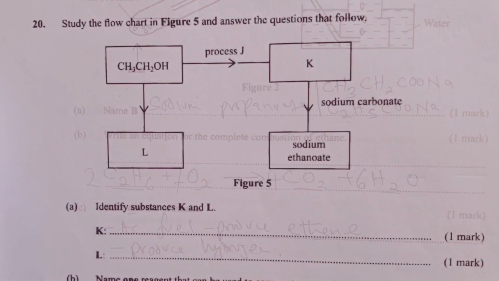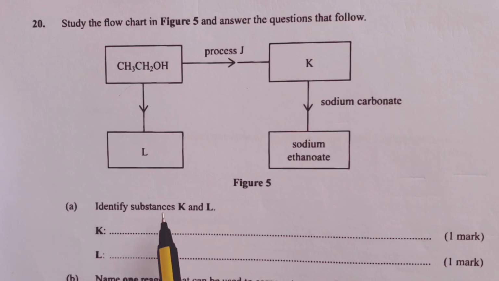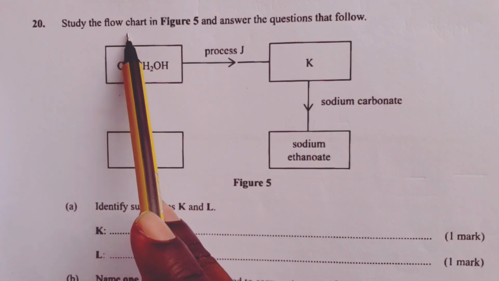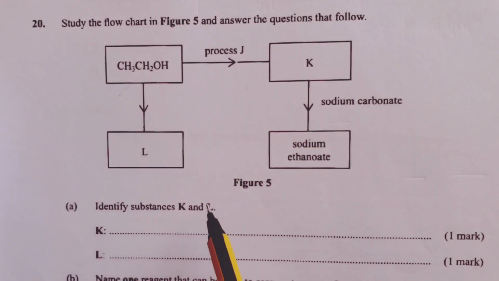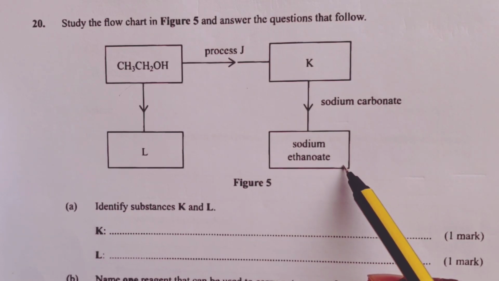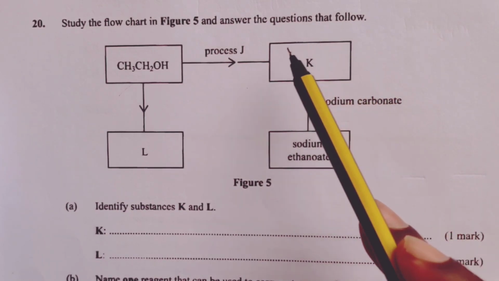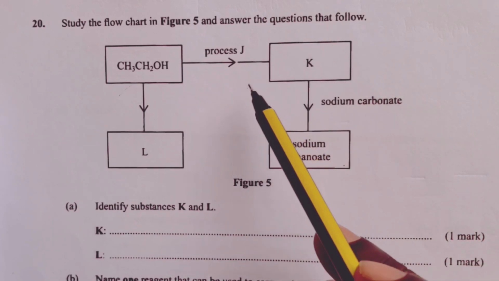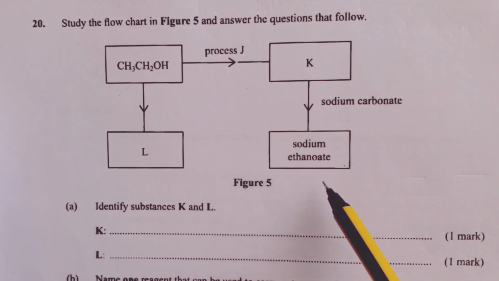So question 20 is still giving us a flow chart which we are supposed to study and answer the questions that follow. We begin from the end so as to be able to move backwards, because the information we have here is not very complete.